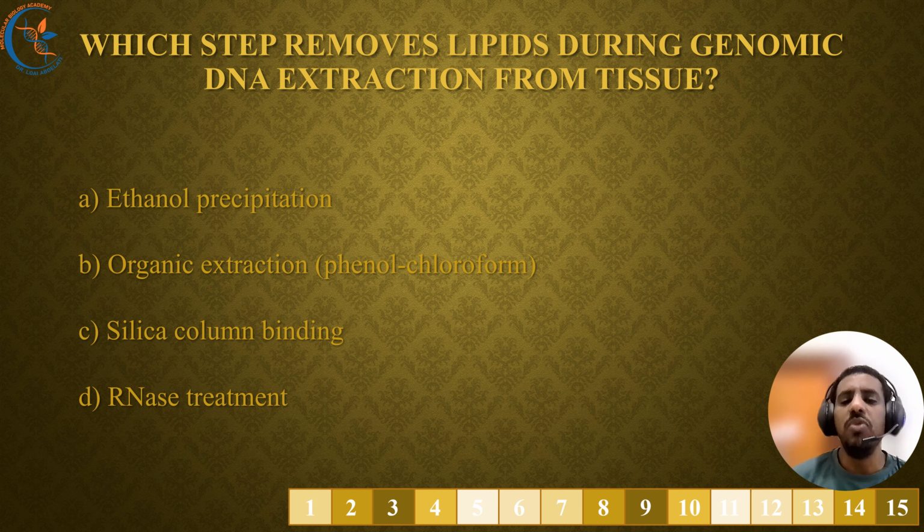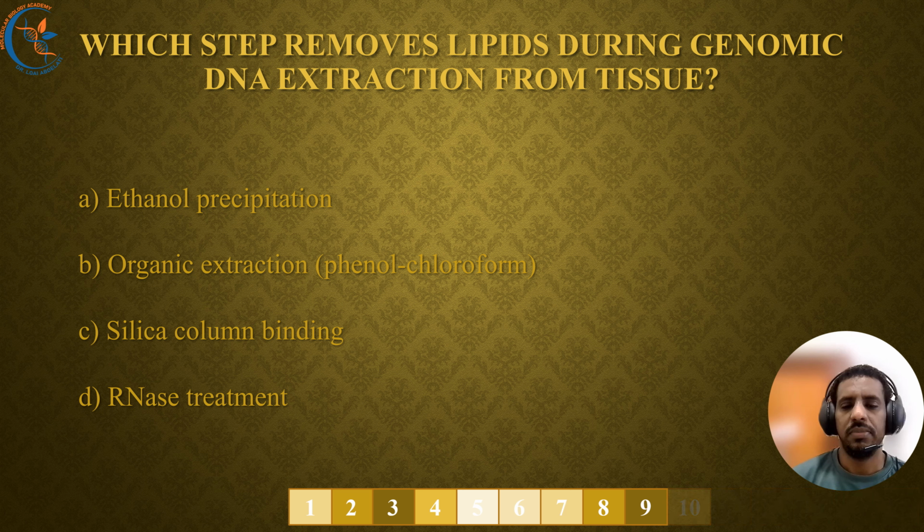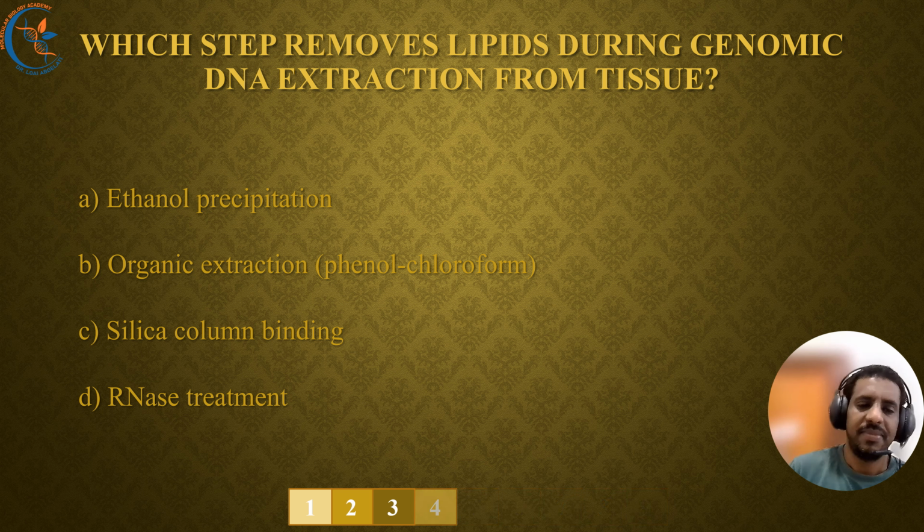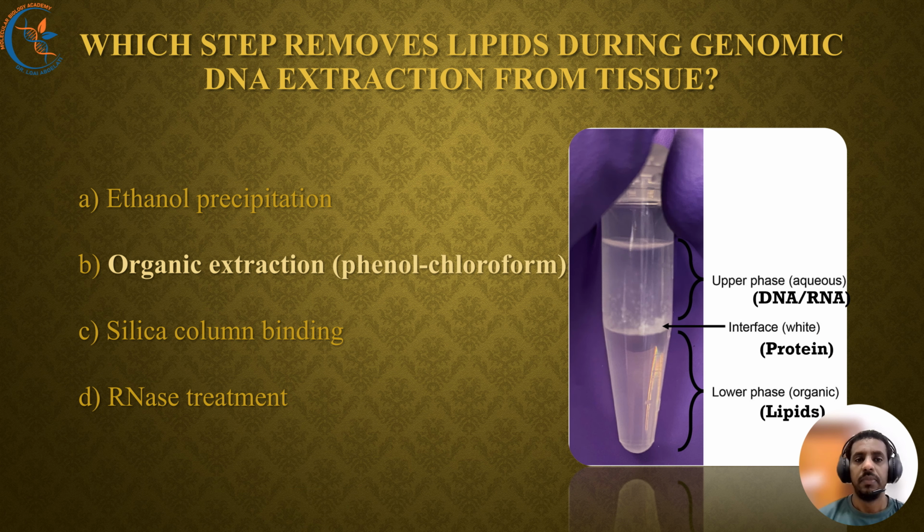Which step removes lipids during genomic DNA extraction from tissues? The correct answer is organic extraction, I mean phenol-chloroform extraction. Okay? As we know, DNA or RNA is hydrophilic, right? Which means it dissolves in the aqueous layer during phenol-chloroform extraction. Please focus on the image here.